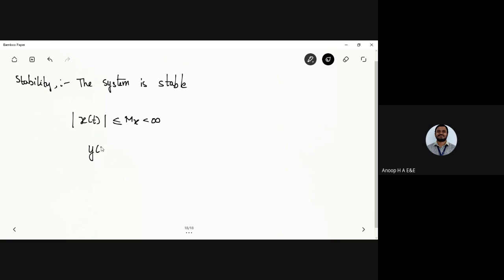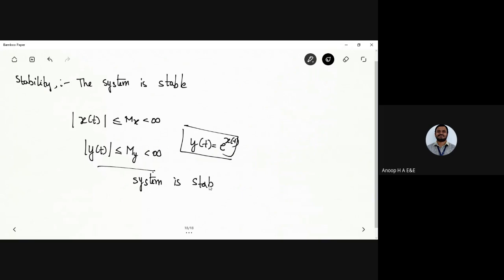Now y of t is less than or equal to my, less than infinity, where y of t equals e power x of t. So I can certainly say that the system is stable in nature. Got it?